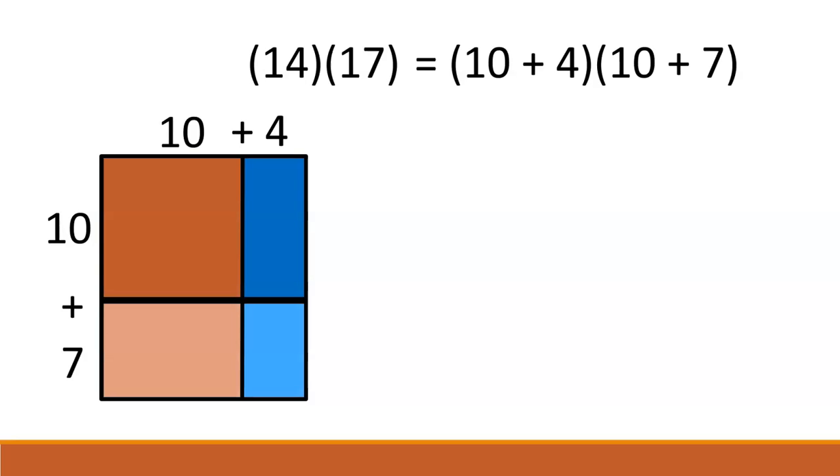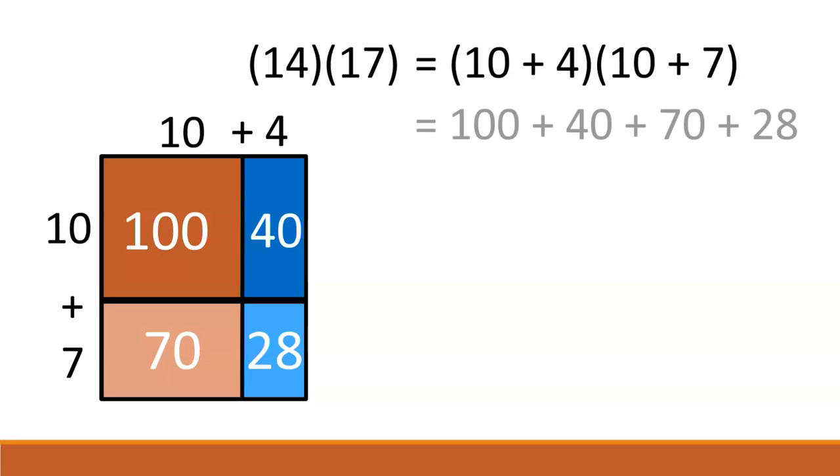So for the first one, 10 times 10 is 100, and then 10 times 4 is 40, and then 7 times 10 is 70, and 7 times 4 is 28. So we have the areas of the individual smaller rectangles. If we add those areas together, we get the area of the large rectangle, which is the result of multiplying 14 times 17.